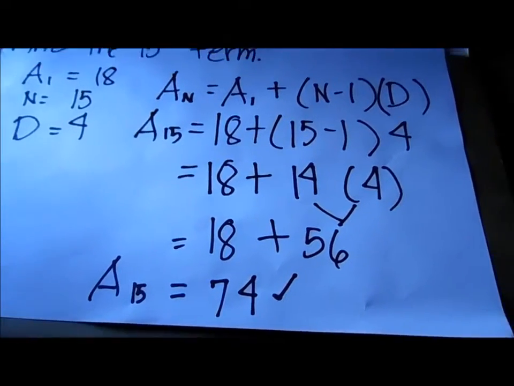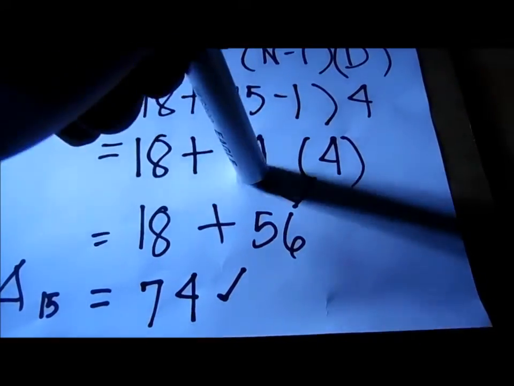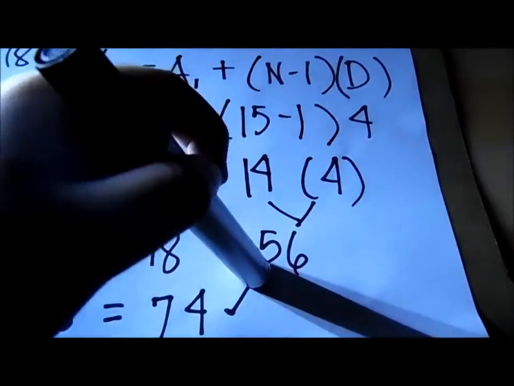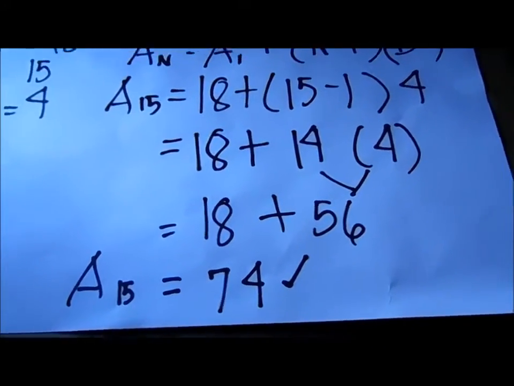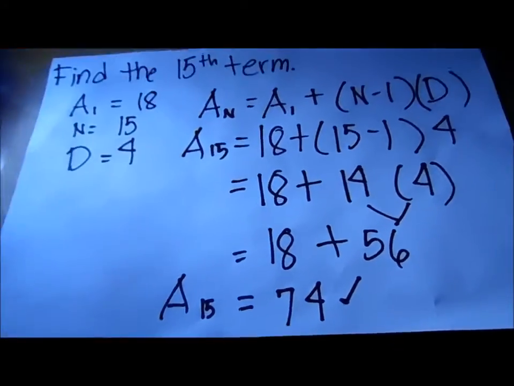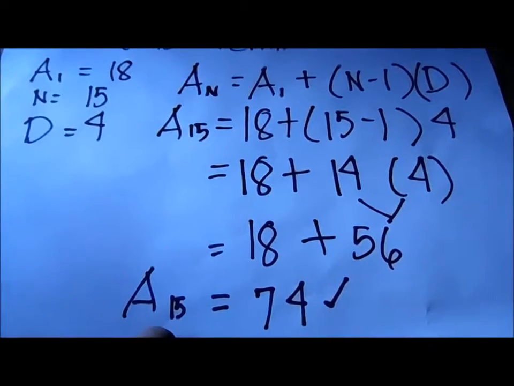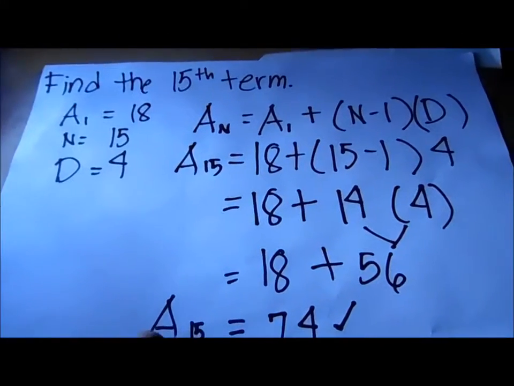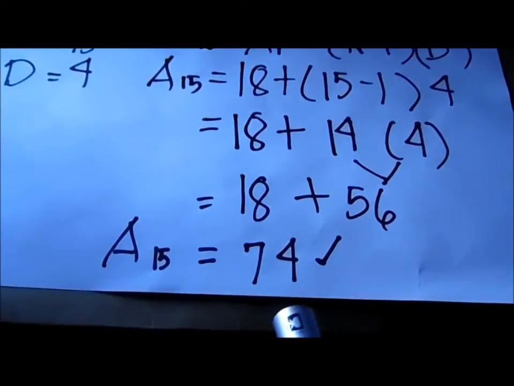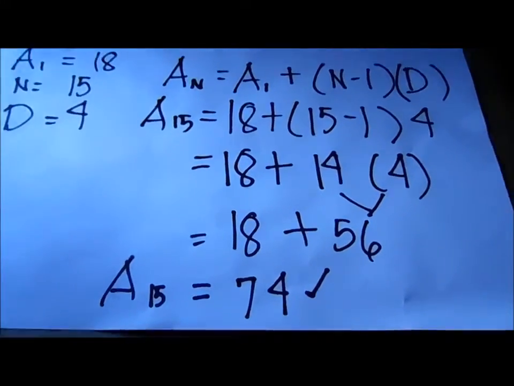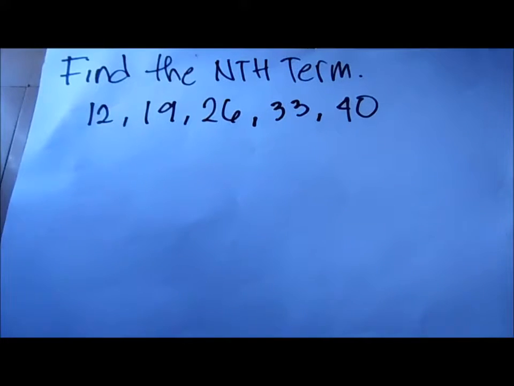Then the answer should be 56, and then we're gonna sum it up with 18, and that should leave us with 74. So we can say that the 15th term of this sequence is 74.